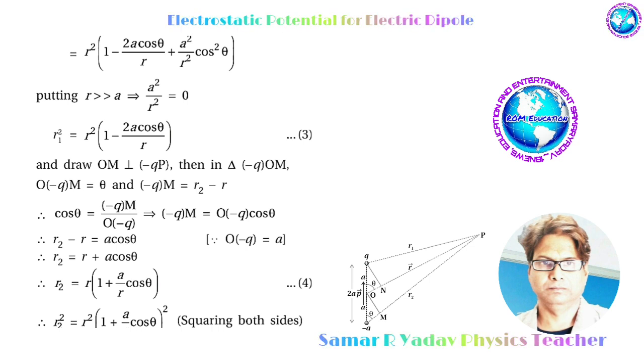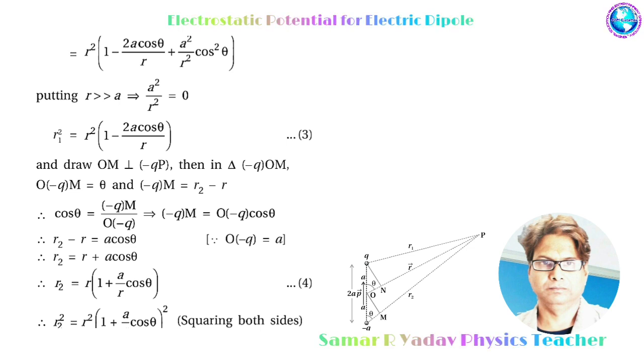Draw OM perpendicular to minus Q P. Then in triangle minus Q O M, angle O minus Q M is theta and minus Q M = r2 - r. Therefore cos theta = minus Q M/O minus Q, which implies minus Q M = O minus Q cos theta.